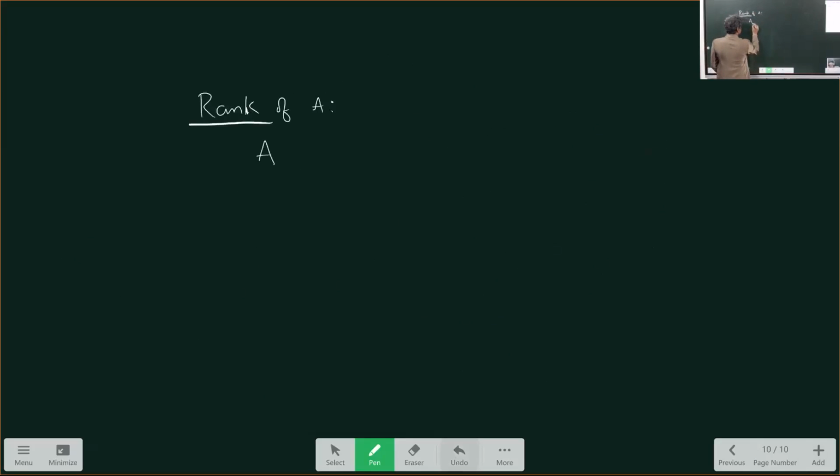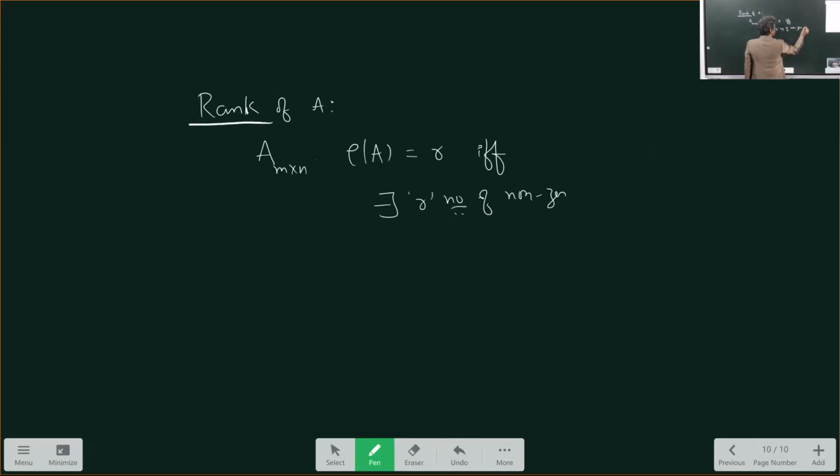If it is M cross N, then the rank of A is said to be r if and only if there exist r non-zero rows in a row echelon form, which is similar to the column echelon form.